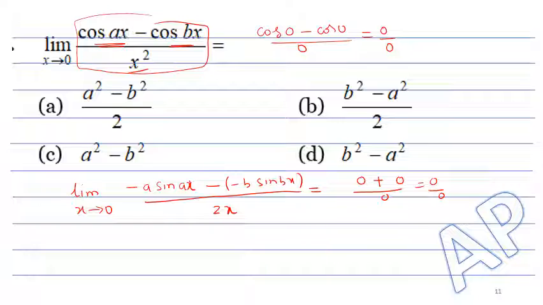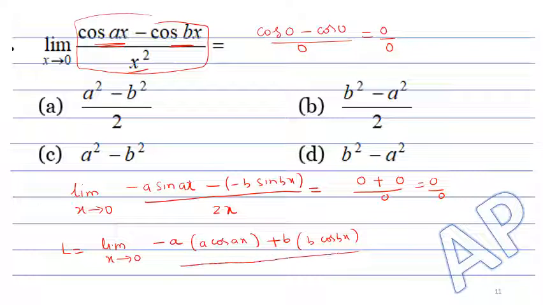So again we can apply the L'Hopital's rule, so that the given limit becomes the limit as x approaches 0 of minus a times the derivative of sin ax, which is a cos ax, plus b times the derivative of sin bx, which is b cos bx, divided by 2 here. Derivative of 2x is 2.